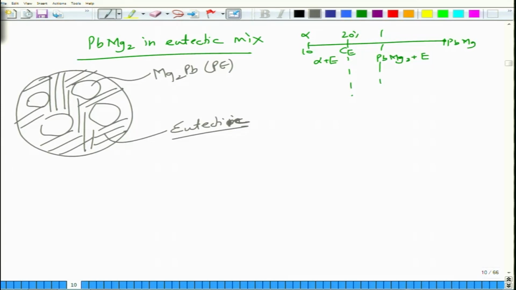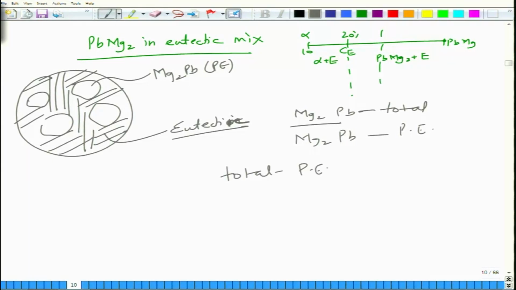So you know the eutectic, you have determined the total Mg2Pb proportion, so total Mg2Pb minus pro-eutectic Mg2Pb will be the Mg2Pb within the eutectic. That is how you can determine the proportions.